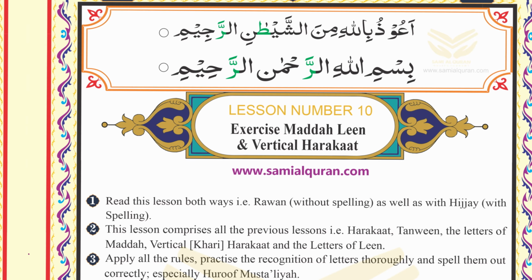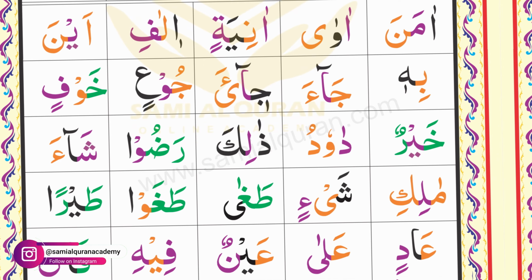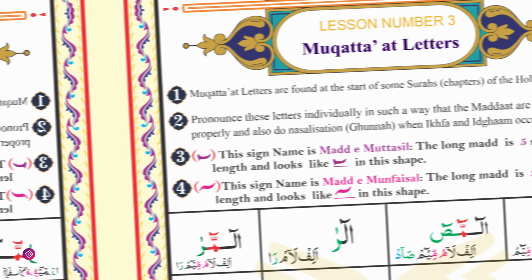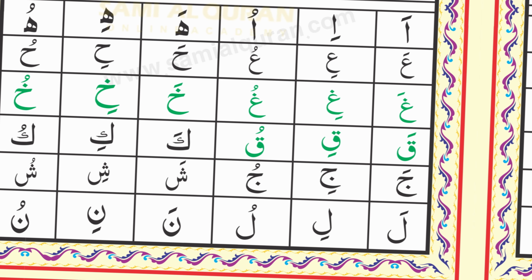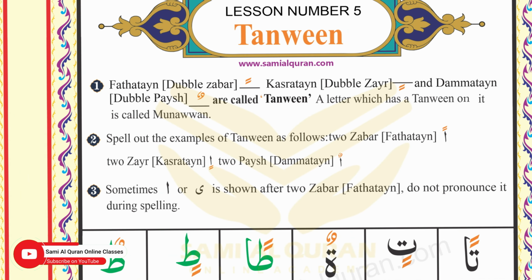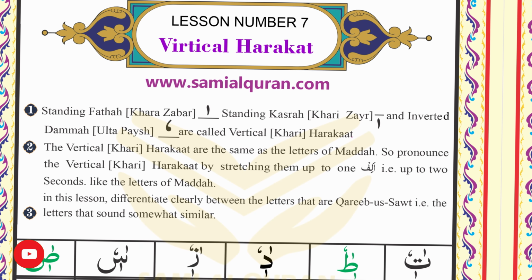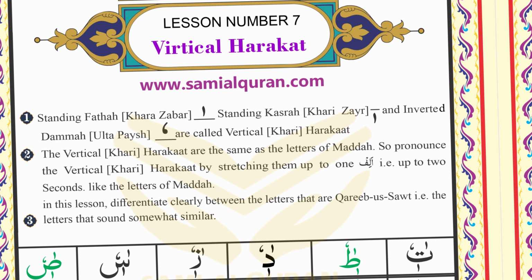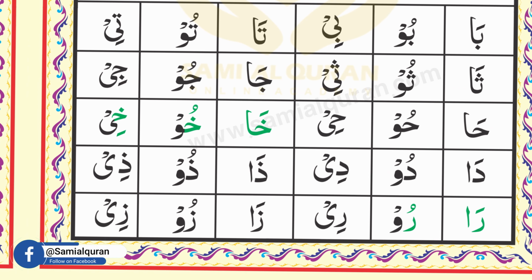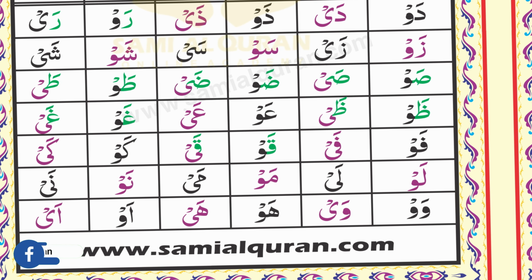In this lesson, we will do the exercise of all those rules which we learned in the previous lessons, such as Mufradat alphabets, compound letters, Muqatta'at letters, Harakat like Fatha, Kasra, Dhamma, Tanween lesson, double Fatha, double Kasra, double Dhamma, vertical Harakat like standing Fatha, standing Kasra, inverted Dhamma, maddah lessons like Alif maddah, Waw maddah, and Ya maddah, and also we do exercise of the leen letters.